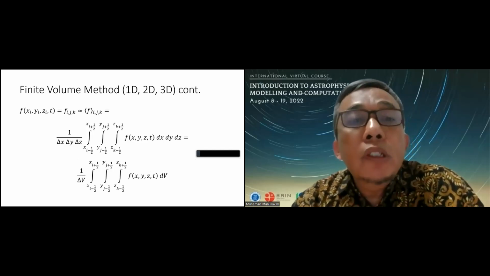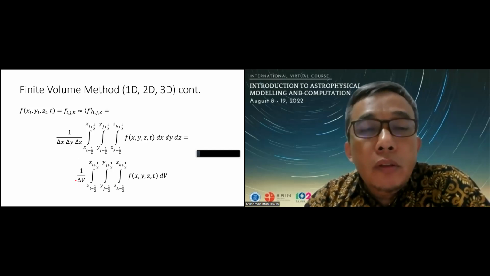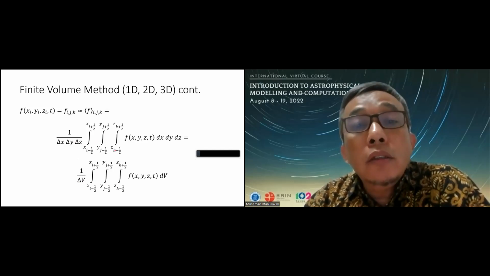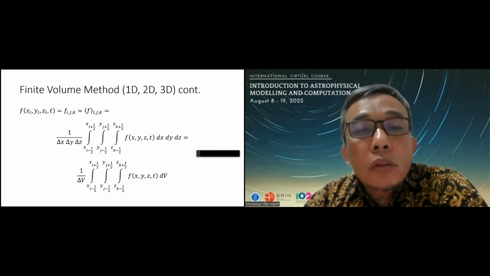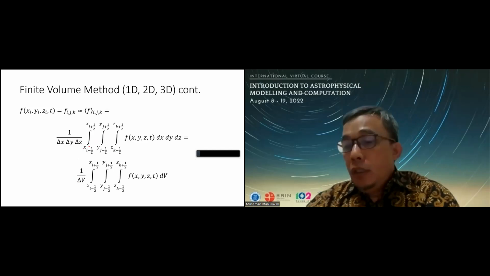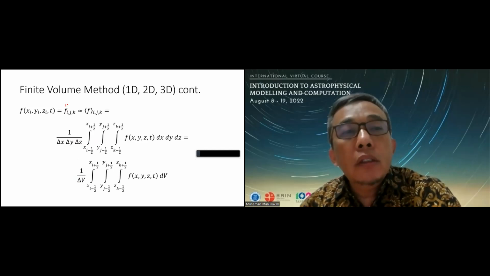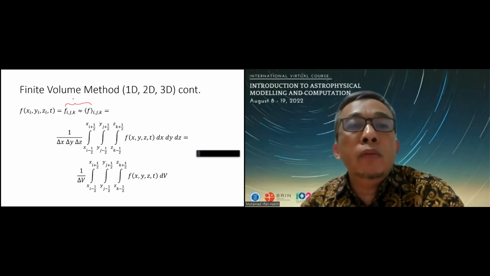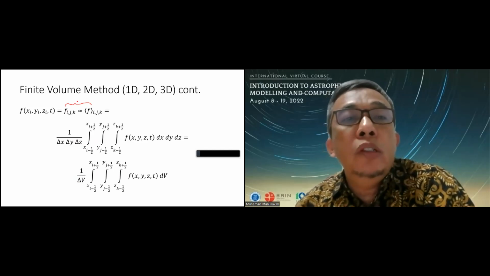And lastly, in 3 dimensions, we simply rewrite this integral equation here. So this is the principle, the fundamental principle of this finite volume method.